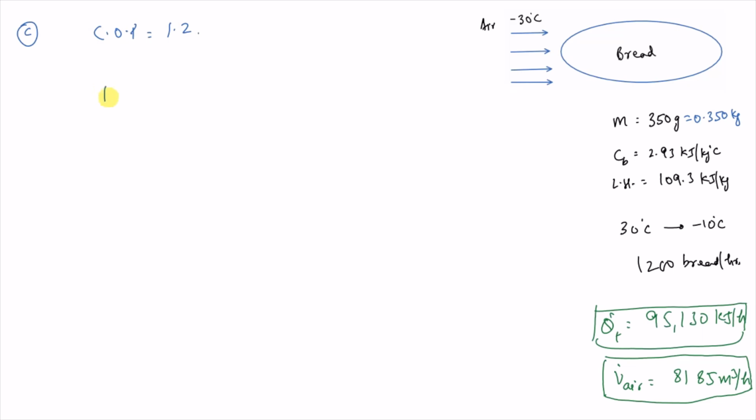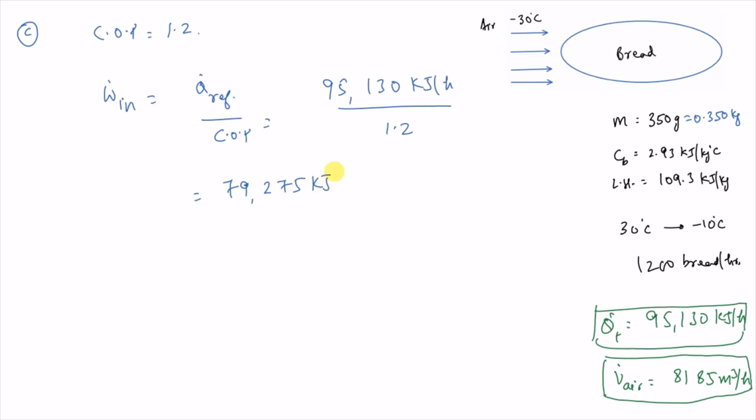So the power input to the refrigeration system will be equal to the Q of the refrigeration system divided by the COP. So Q of refrigeration is nothing but Q total, that is 95,130 kilojoule per hour, divided by COP, which is 1.2. From here the power input will be equal to 79,275 kilojoule per hour. So this is the power input.